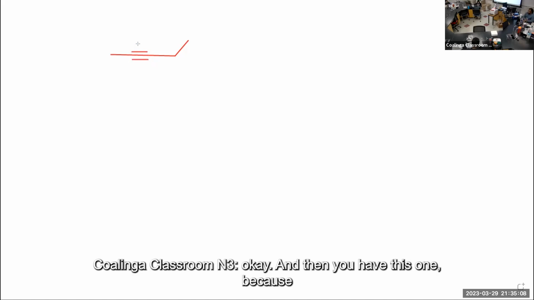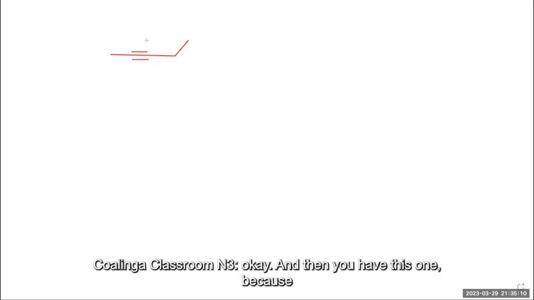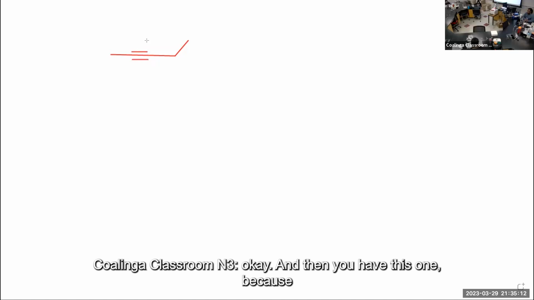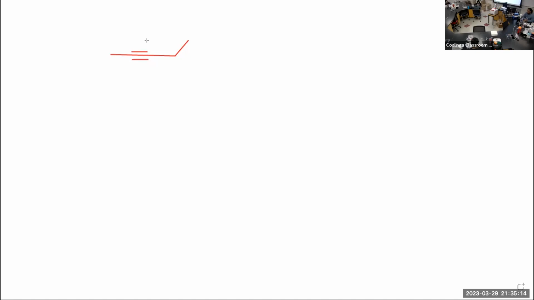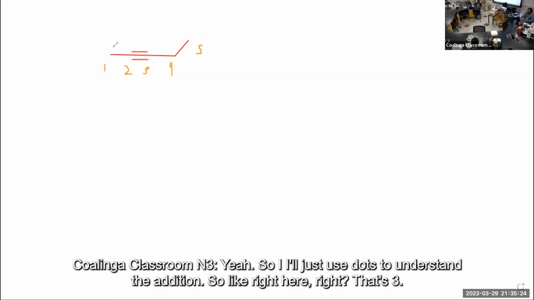Is that better? Yeah. How about you drawing? Okay, and then you have this one labeled as 1, 2, 3, 4. So you're saying, right.